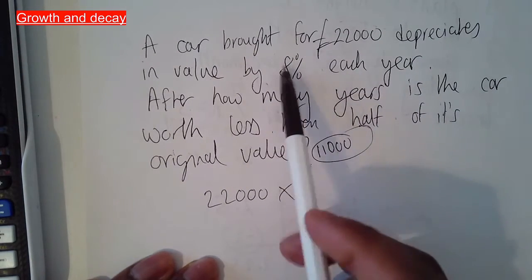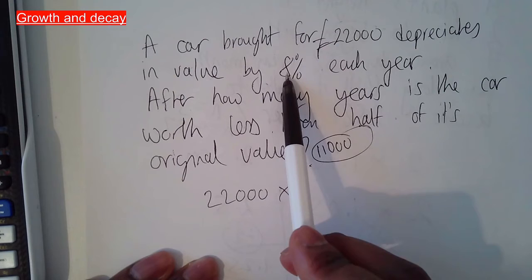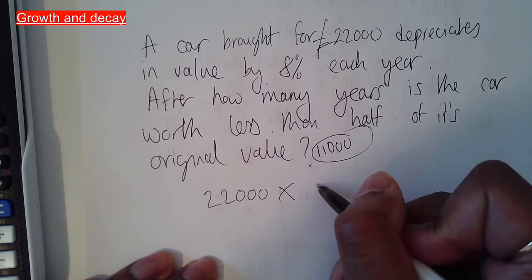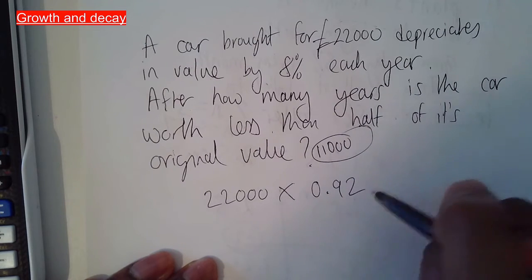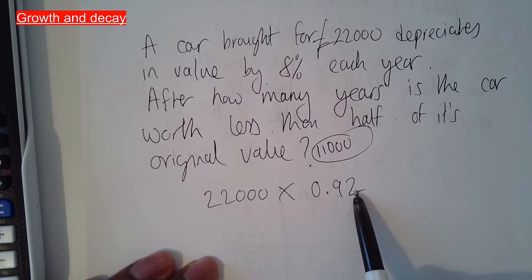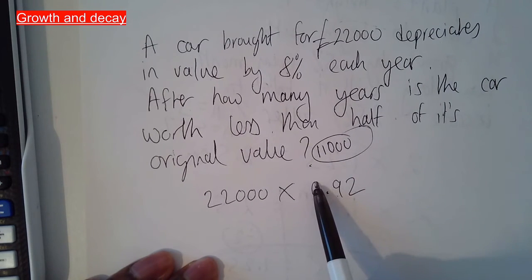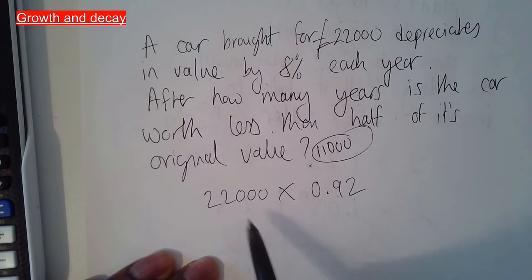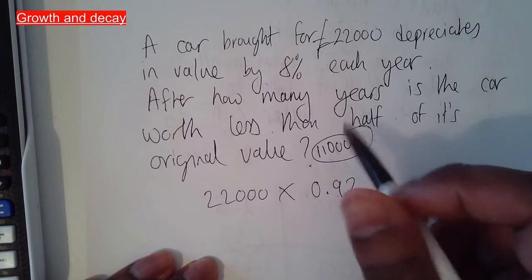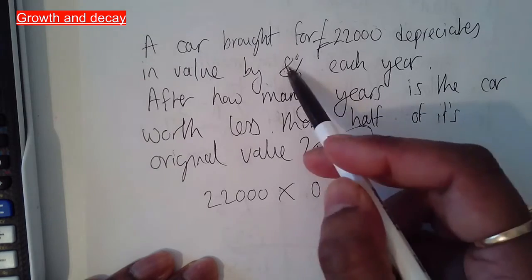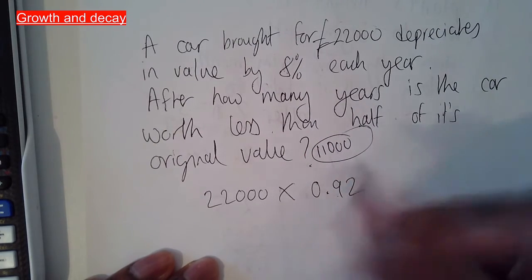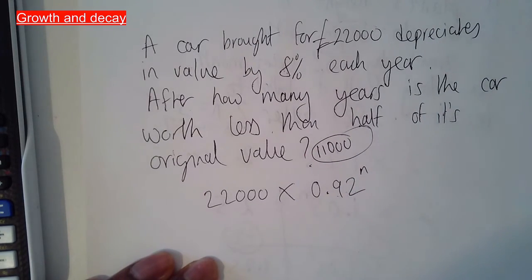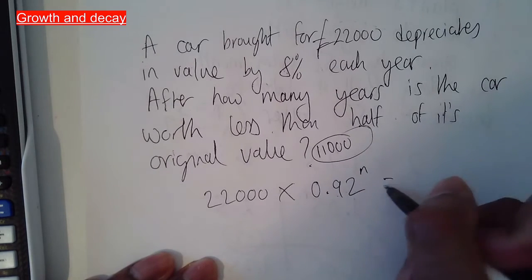The multiplier, remember, it decreases by 8% each year. So the multiplier is 0.92, because it needs to be less than 1, because we are decreasing a number. 92 plus 8 makes 100, so we know 0.92 to the power of so many years, we don't know yet, equal to 11,000.